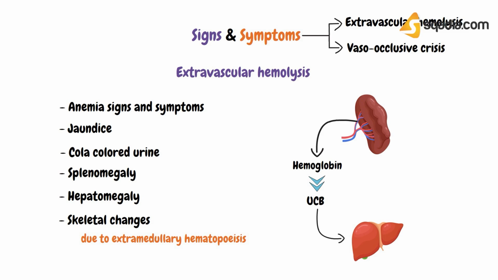So the medulla of these bones begins to expand, resulting in expansion of the bone itself. So examples of skeletal changes include chipmunk facies, which occurs due to enlargement of the maxillary bones, as well as hair on end appearance on the X-ray of a skull.